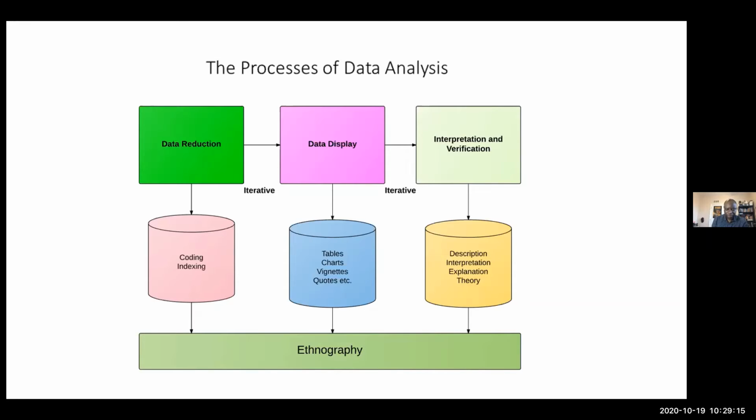What are the relationships here? There's a tendency to see relationships even when they do not exist. So you always have to guard against that and be very open-minded. This chart here summarizes what my data analysis process would look like. The final product, of course, is a report, if I were doing applied research, or it would be an ethnography. An ethnography basically means a detailed account of some cultural phenomenon.